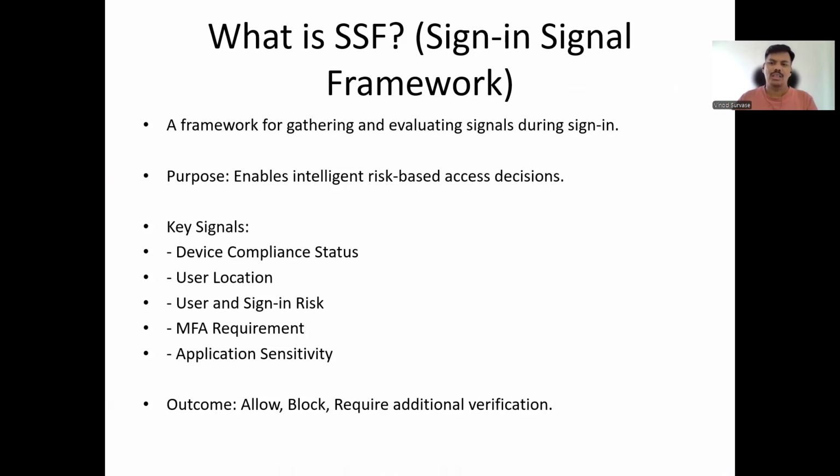Still, those are the policies which would be brought into the Sign-in Signal Framework, and it is going to make sure the devices, identities, and access levels are handled based on all of these different signals you can see here, which include device compliance status, user location, user and sign-in risks, MFA requirements, and application sensitivity, along with the different outcomes: whether we are going to allow access, block it, or require additional verification in order to let the user get into the systems and access them.